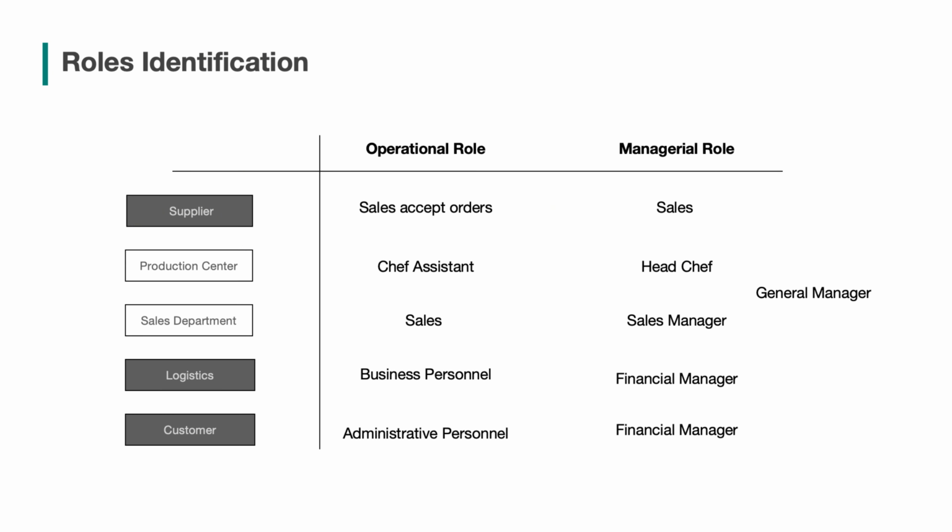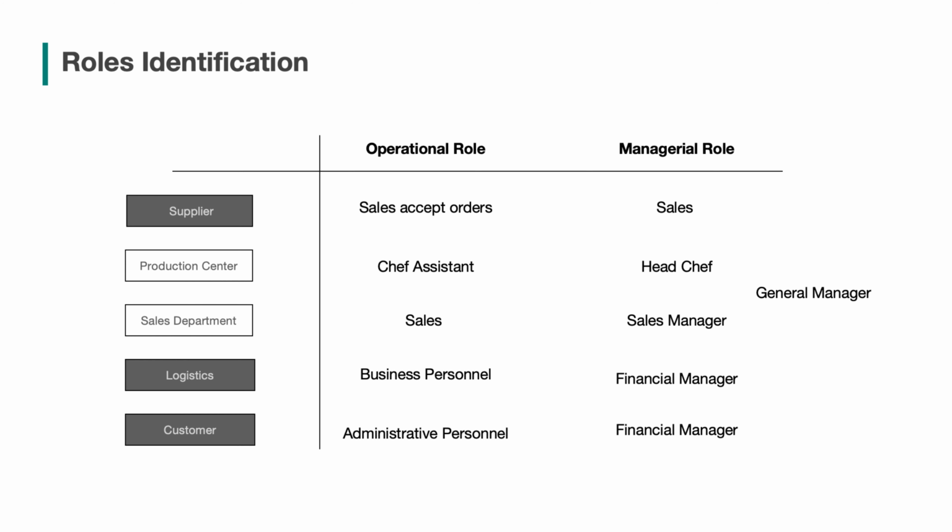From the flowchart, we have identified the following participating roles: sales department, production center, customers, supplier, and logistics service provider. Internal roles, such as sales and chef assistant, are defined by specific functions, while external roles, such as suppliers and logistics service provider, are treated as singular entities interfacing with designated internal teams.